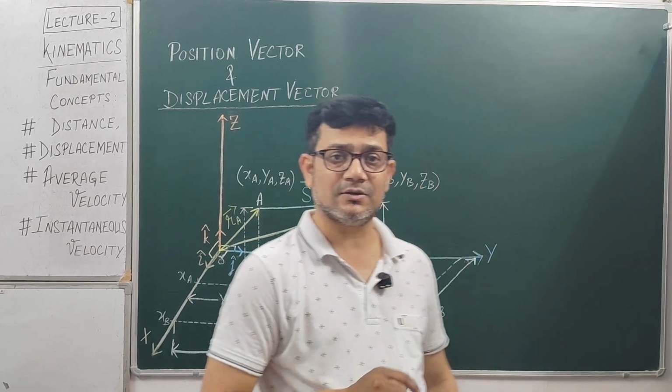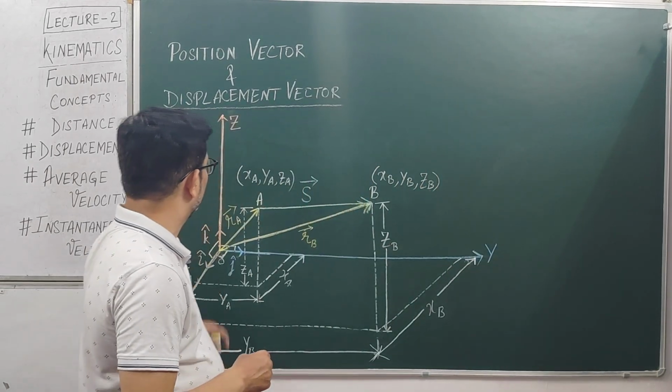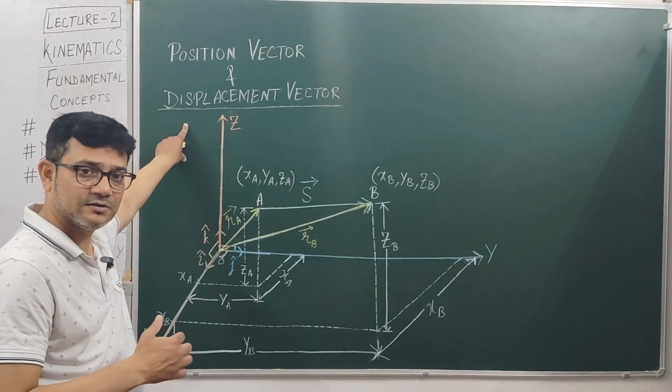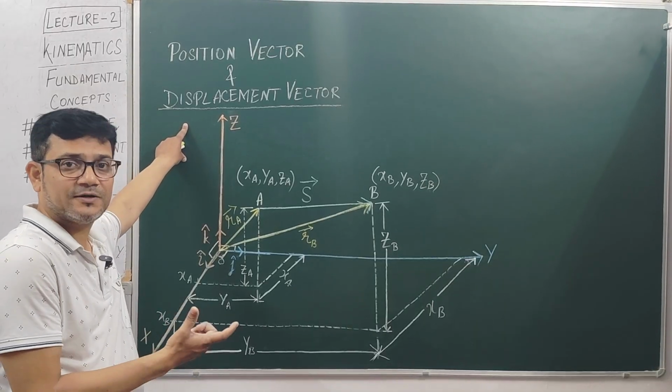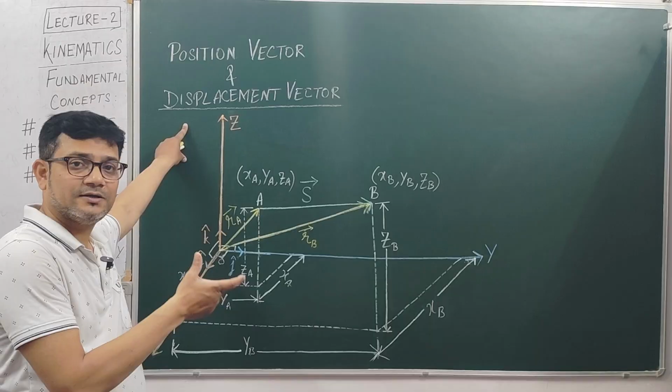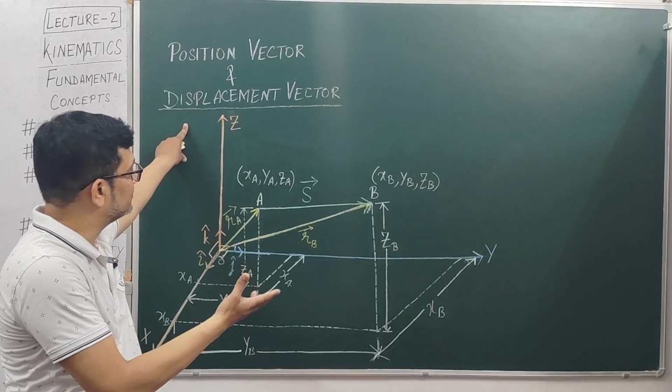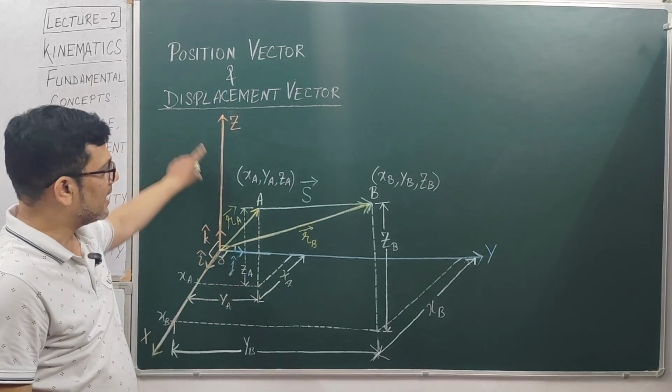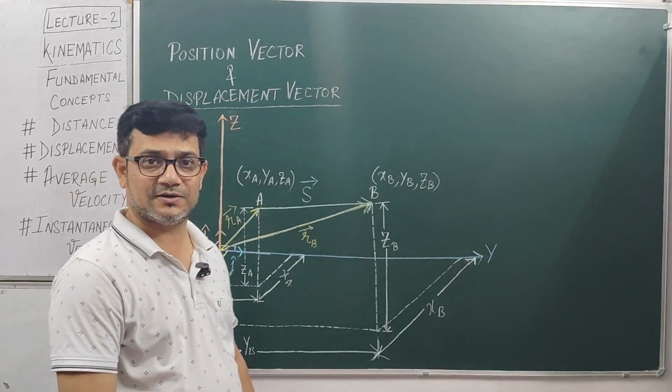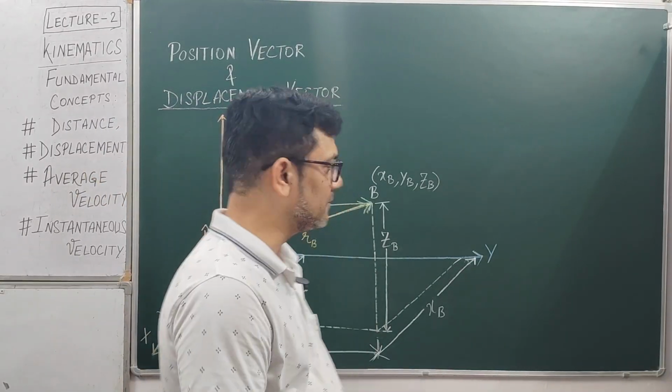In this lecture, we will expand our discussion to displacement in vector terms, right? In vector notation, how we are going to express it, what it actually means, and then what we mean by position vector, an extremely important concept.